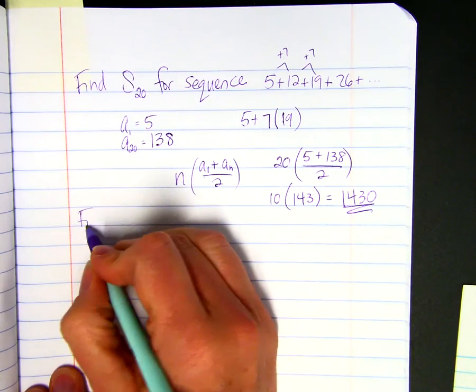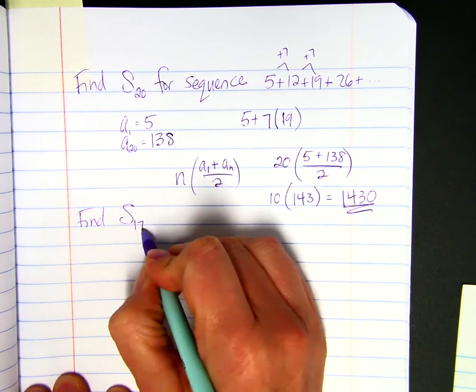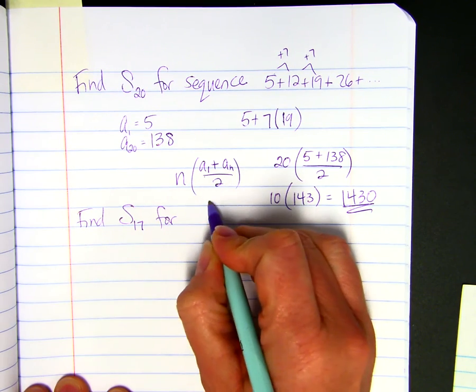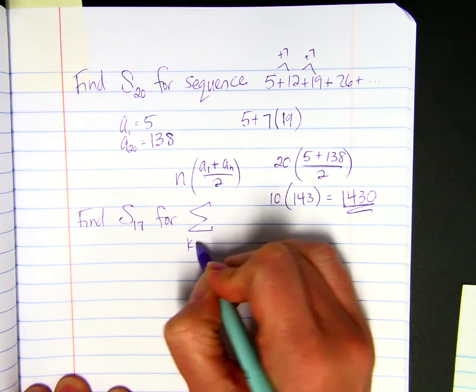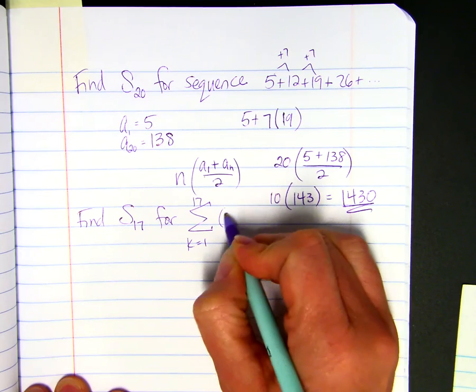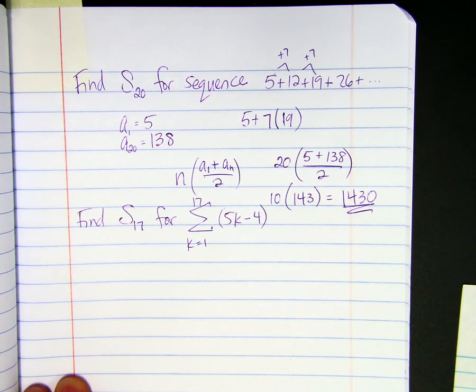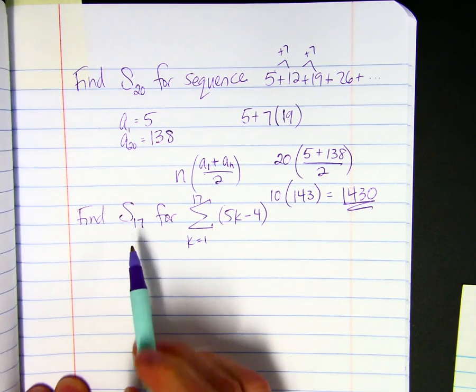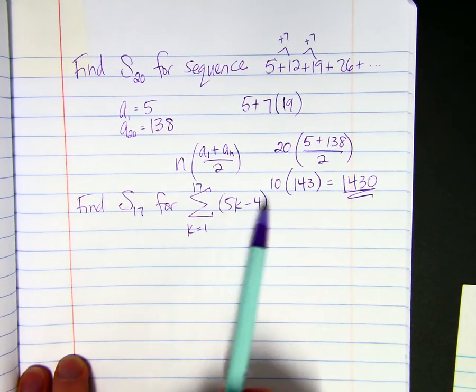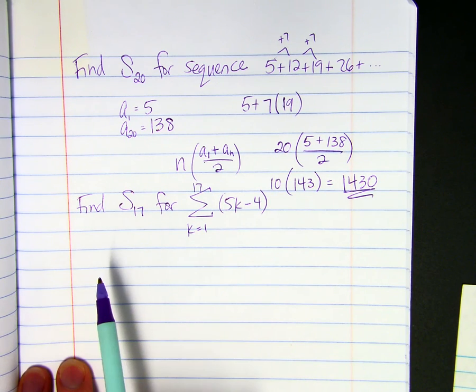One more example. Find S of 17 for, and now we're going to write it in summation symbol, k equals 1 to 17 of 5k minus 4. So it means what is the partial sum of this series up to 17?